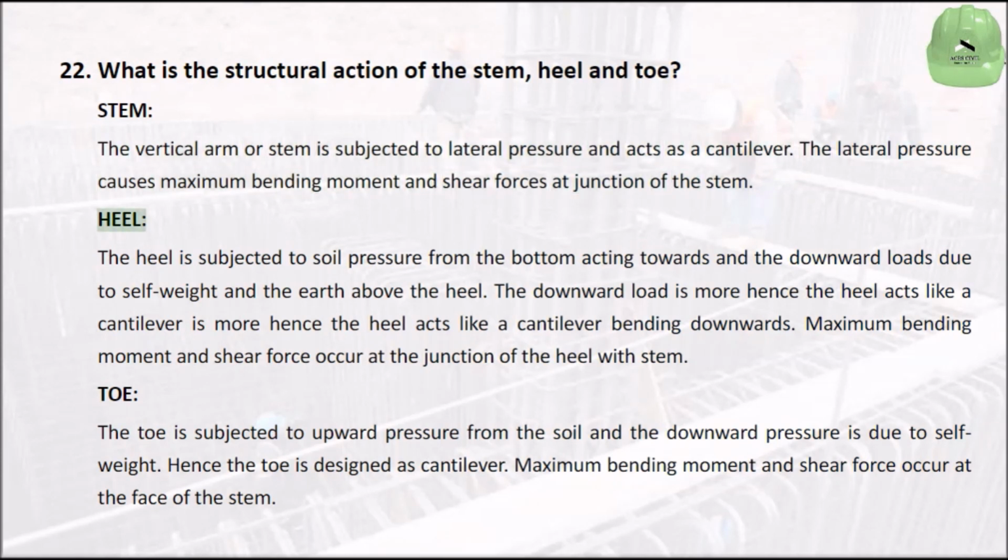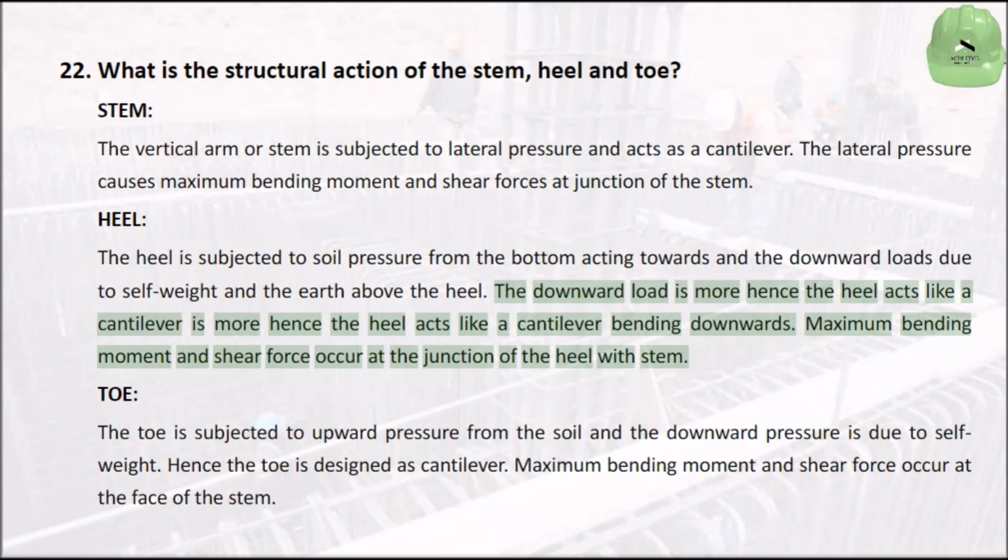Heel. The heel is subjected to soil pressure from the bottom acting upwards, and downward loads due to self-weight and the earth above the heel. The downward load is more, hence the heel acts like a cantilever bending downwards.